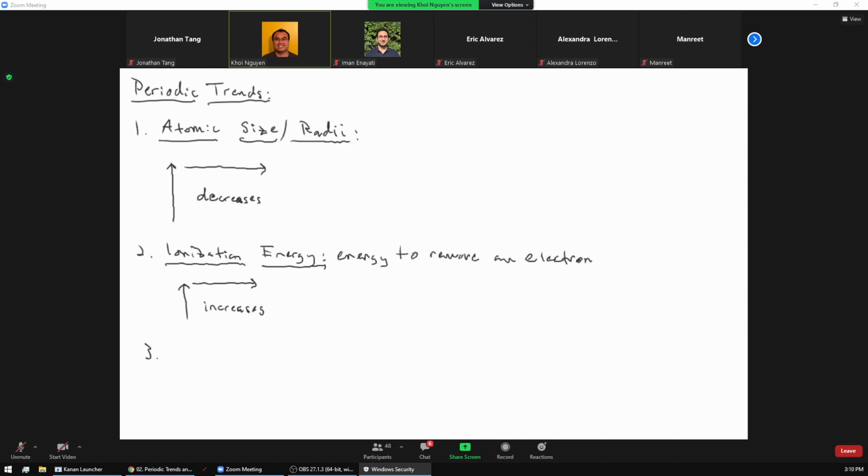Okay, so if you think about it, to rip out an electron from neon, which is a noble gas, versus ripping out an electron from lithium, which only has 1 electron in the s orbital, what do you think is going to be harder to rip out? I'm answering the first question.